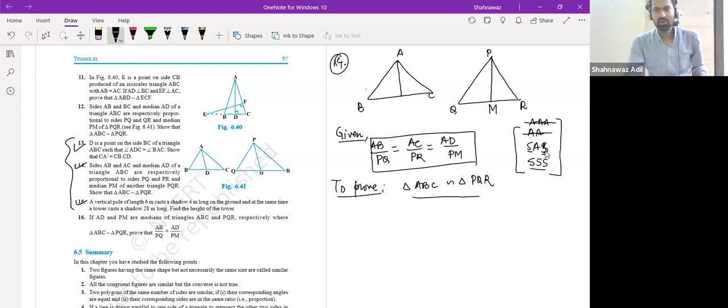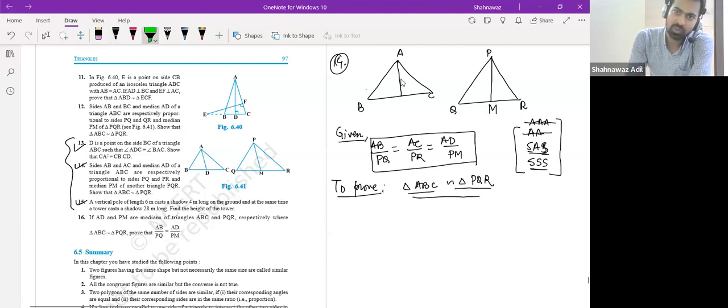So we will only target these criteria. Is that clear? Rizwan and Hashim and Shoaib and Amal, just bear with us. Yes, sir. So we have to prove ABC similar to triangle PQR.